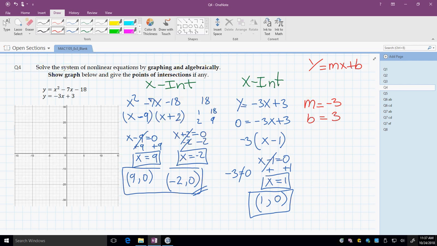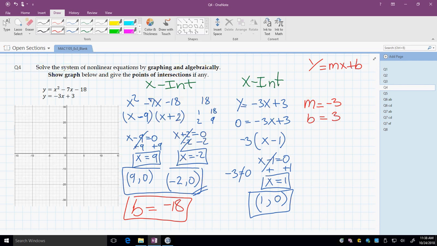You can graph both of them. Your y-intercept for this one is going to be b, equals negative 18.